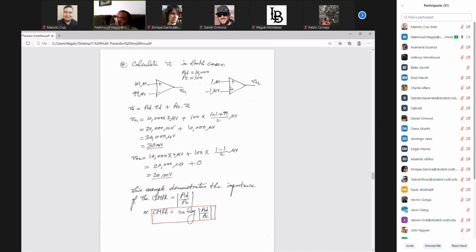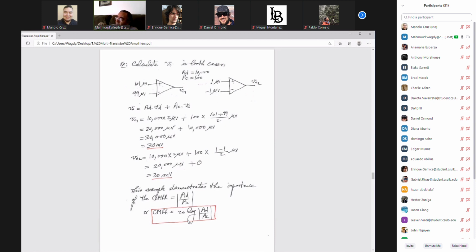Yes, you could have totally different answers just because the common mode component plays a bigger role in one case than the other. The quotient is the common mode rejection ratio, and you're going to have a better amplifier if this common mode rejection ratio is high.